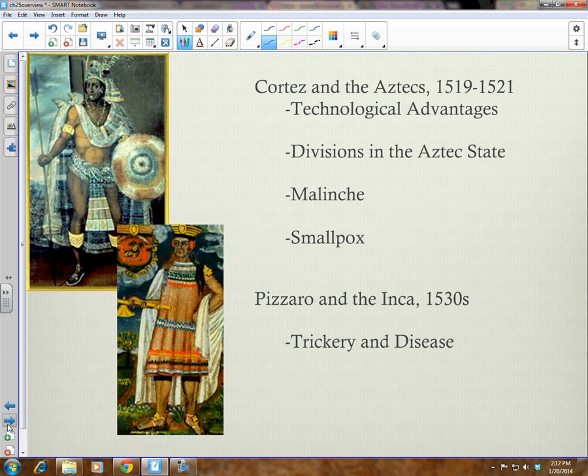Between 1519 and 1521, Hernan Cortes and a small force of 450 men brought down the powerful Aztec state. This is the powerful Aztec leader, Montezuma.